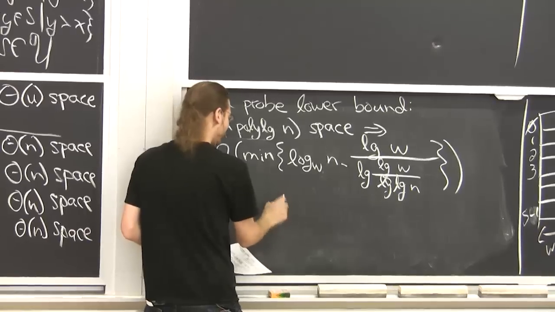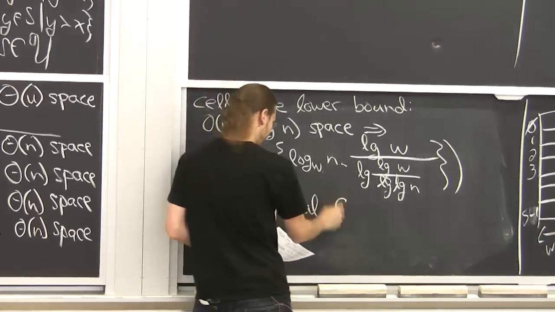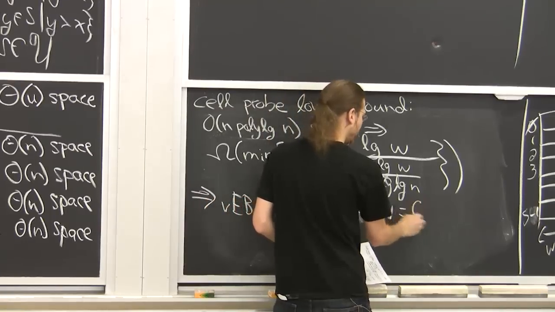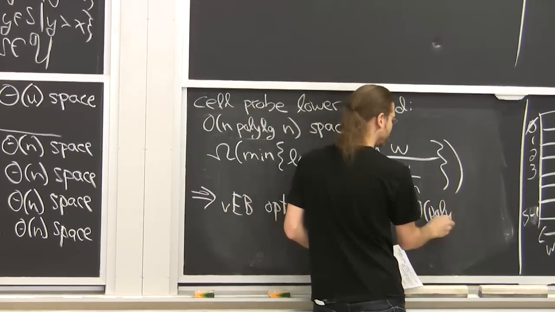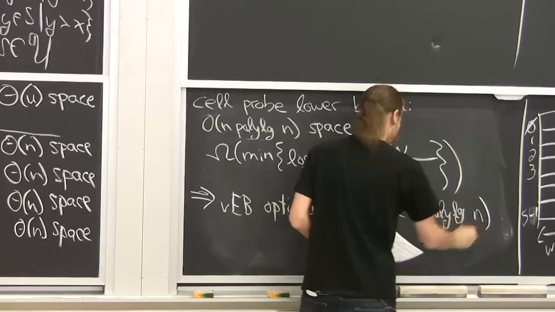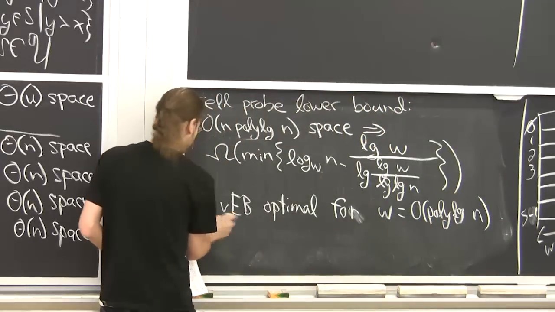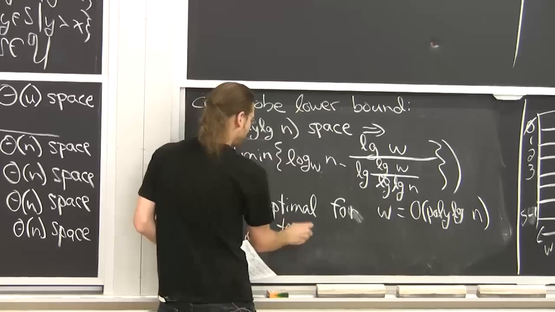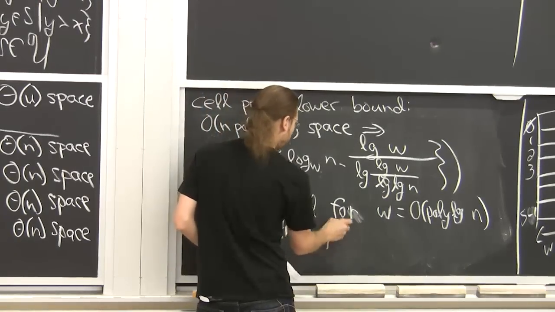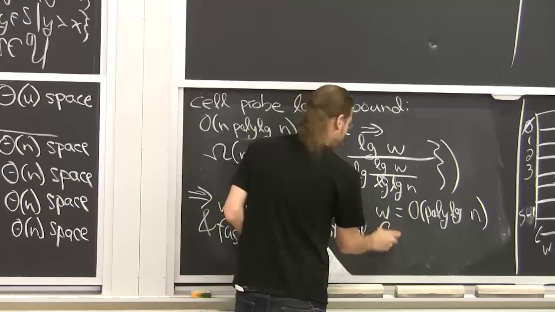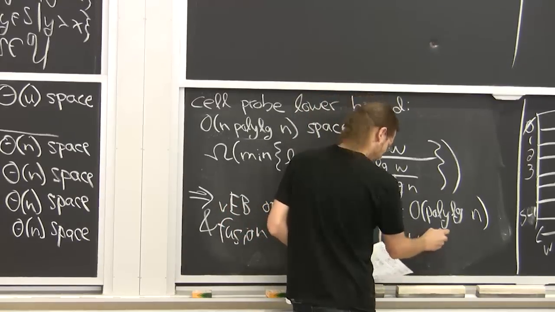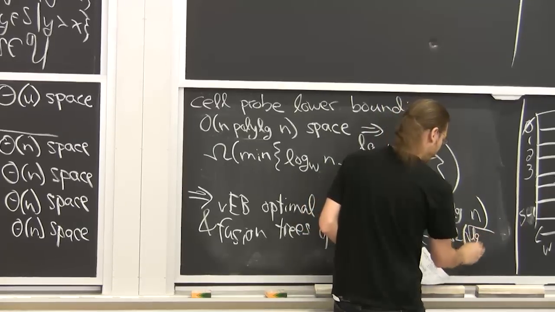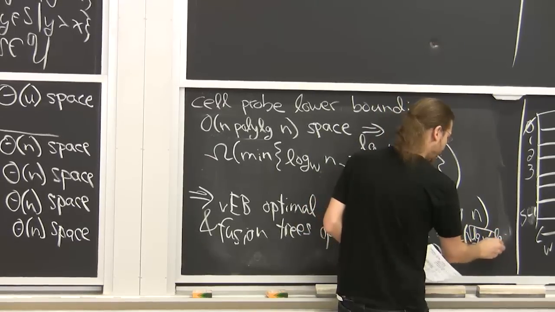Van Emde Boas is going to be optimal for the kind of the cases we care about, which is when W is polylog n. Sorry, yeah, polylog n. And fusion trees are optimal when W is big. Square root log n, log n.